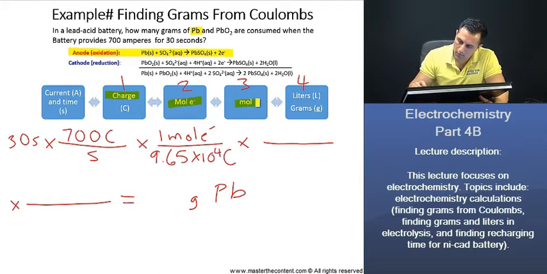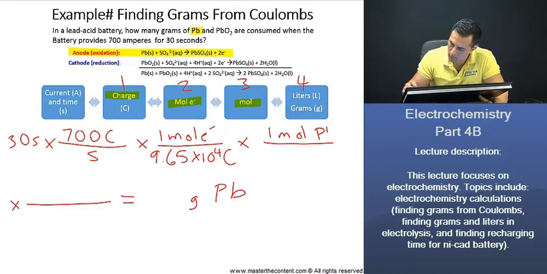Now we need to get moles. Well, for our lead here, per mole of lead, we have 2 moles of electrons. Thus, we can just go ahead and write per mole of lead, it's going to be 2 moles of electrons.